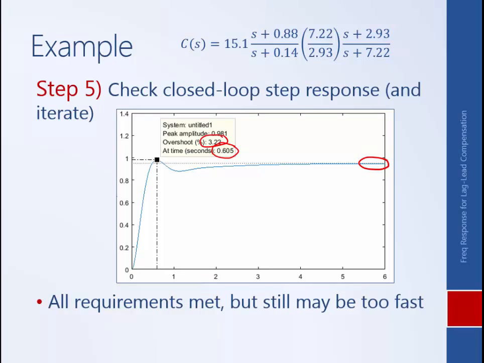We could try to slow the peak time down even more, but then we're going to slow down this tail even more also. There isn't an explicit requirement on settle time, but it's something to keep in mind. So, if we did want to slow it down further, we could iterate on the design, making the crossover frequency even smaller.